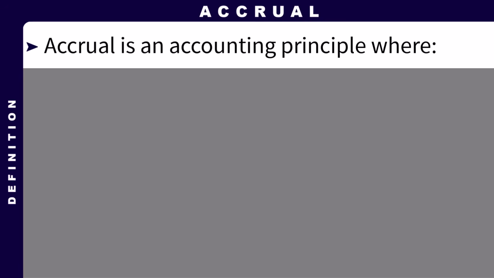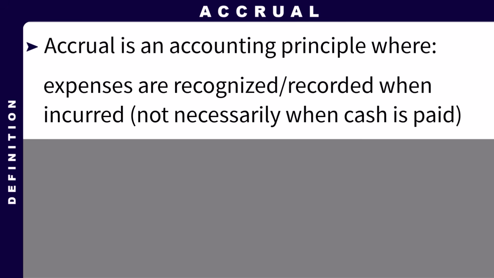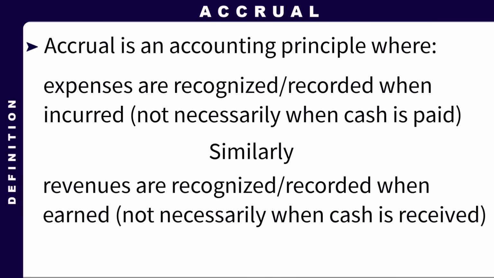Accrual is an accounting principle where expenses are recognized and recorded when incurred, not necessarily when cash is paid out. And in the same way, revenues are recognized and recorded when earned, not necessarily when cash is received. When discussing debits and credits earlier, we touched a bit on accrual.